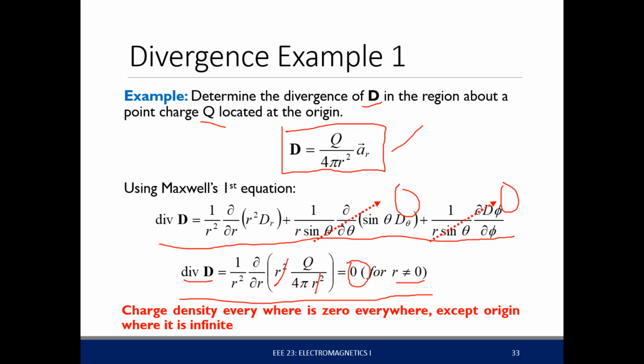That means the charge density everywhere is 0 except at the origin, where it is infinite. Since it's a point charge, the volume is 0, so the charge density is equal to Q over 0, which is infinity at that point.